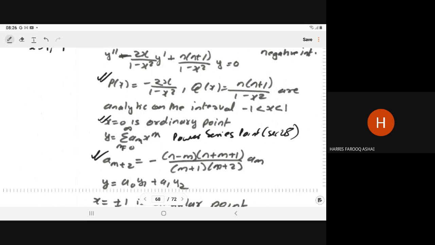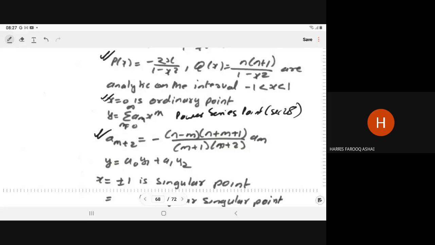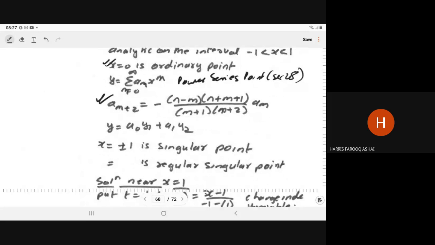Then we have the indicial equation. From the indicial equation we have the two roots, m1 and m2. Correspondingly we can find the two power series y1 and y2, and the general solution will be c1 y1 plus c2 y2. You can see that in section 28. We have already covered it in the class, so I'm not repeating that part.